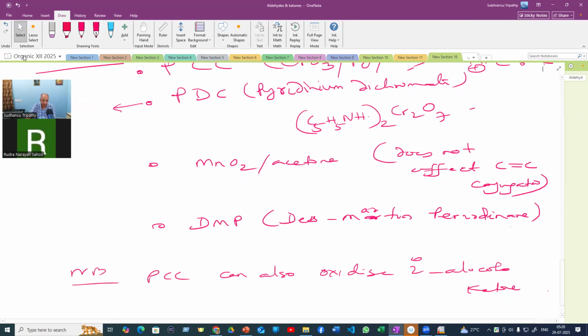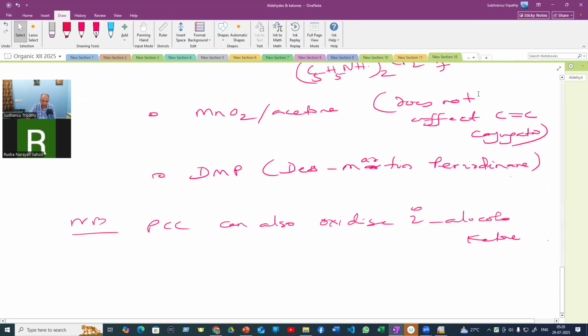And Dess-Martin periodinane is a very typical structure that is having a benzene ring and an ester structure, and of course, interestingly, iodine is there.